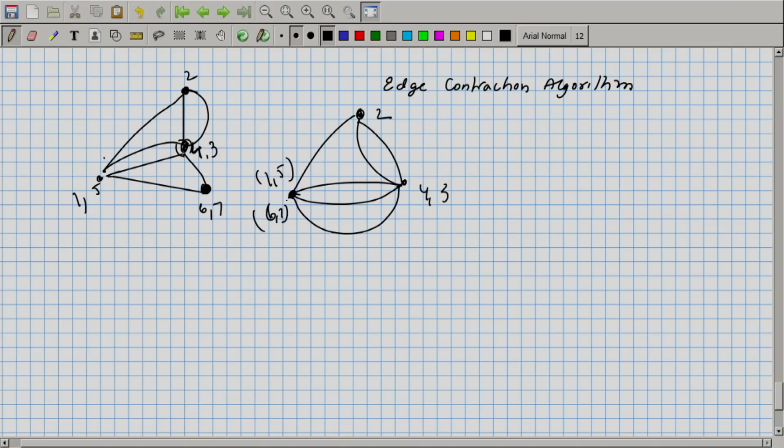There is going to be an edge of this kind. Now, if you contract these two, we will get 2, 4 3, and 1 5 6 7.